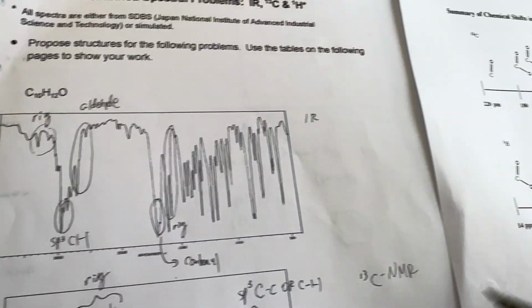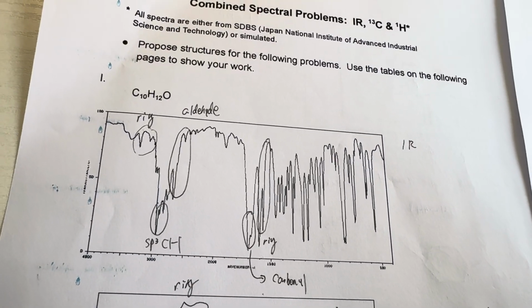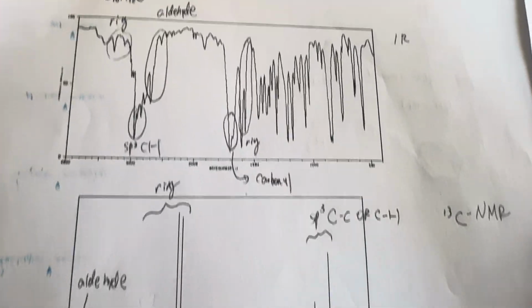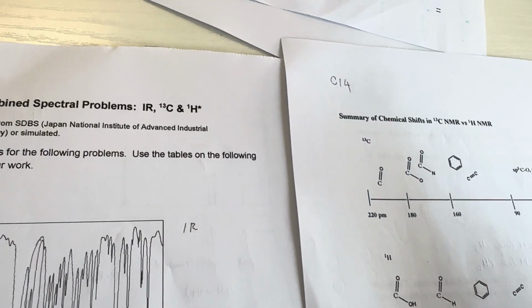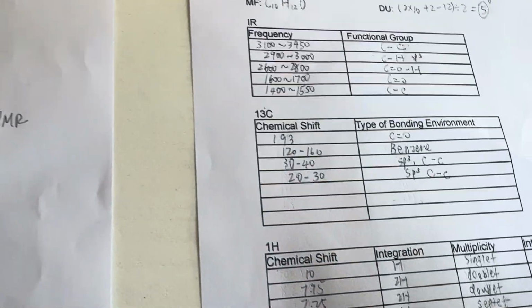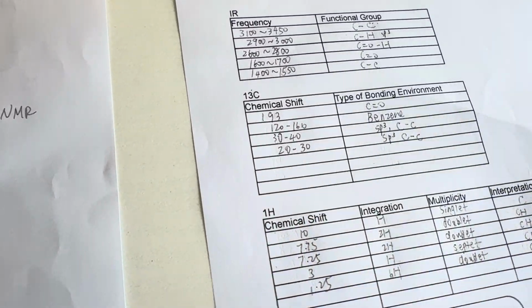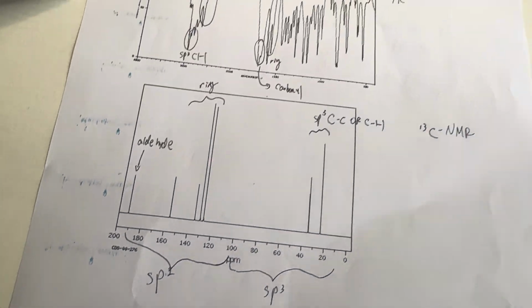It could be a C-C or C-H, but definitely a methyl group, until we figure out the proton NMR spectrum on the second page. Oh, by the way, I also put the functional group with the specific range of the chemical shift.